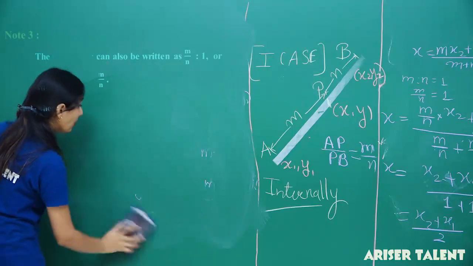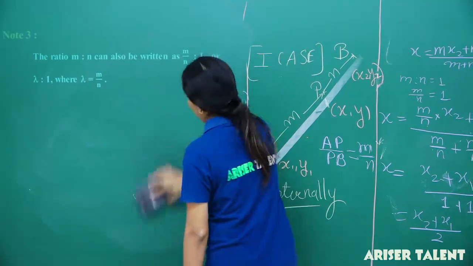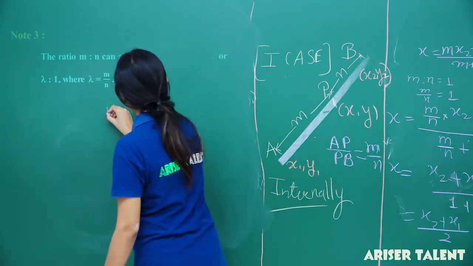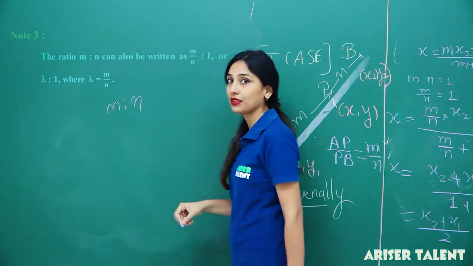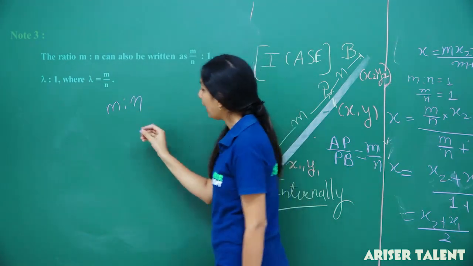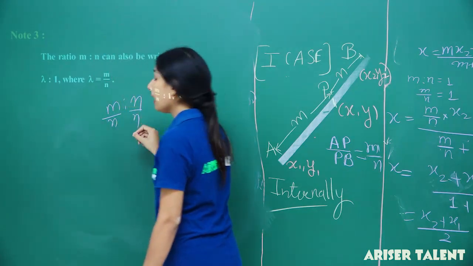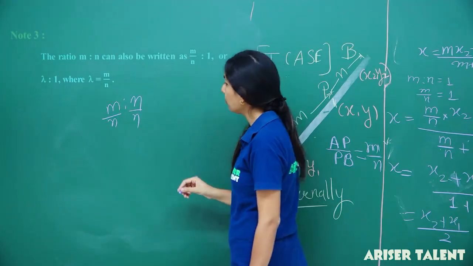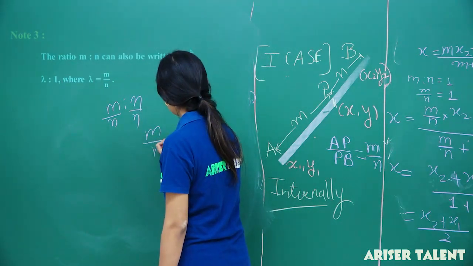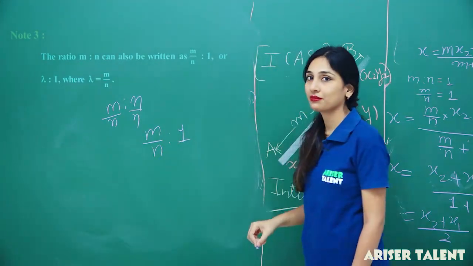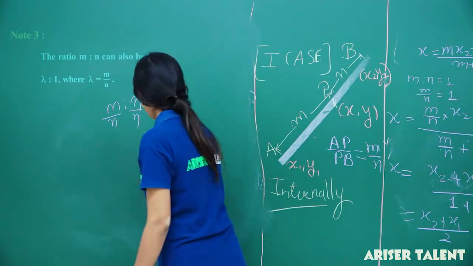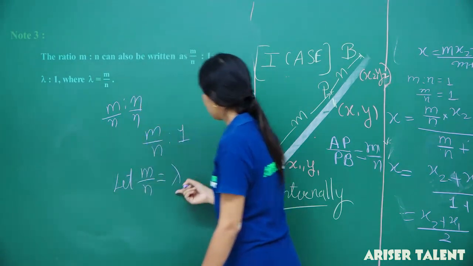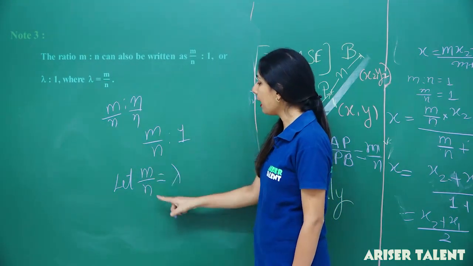Basically this is the ratio m to n. If I divide this ratio by n on both sides, that will become m by n and that will become 1. Now I'll take this m by n as lambda. So m by n is equal to lambda.